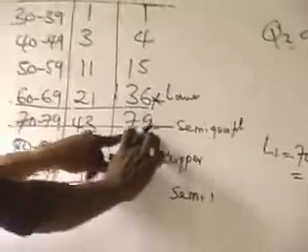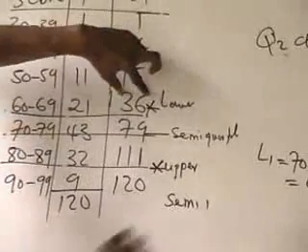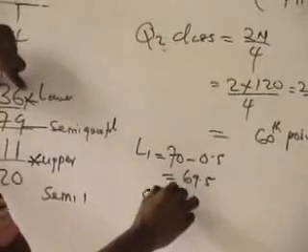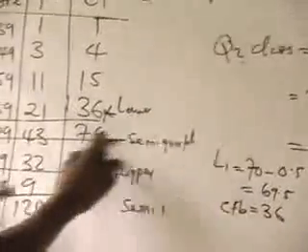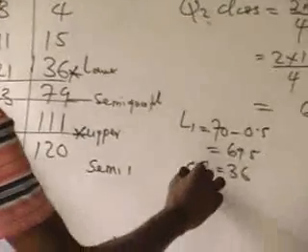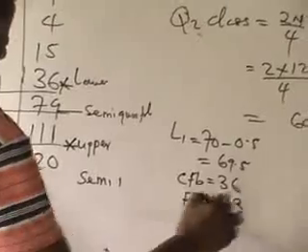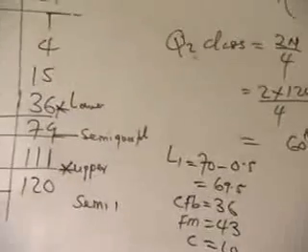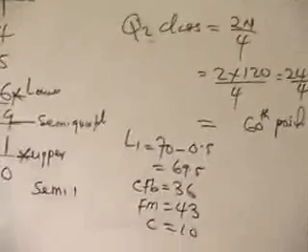Then what is my CFB? If this is my semi-quartile class, the cumulative frequency before it is 36. Then my FM, the frequency of that semi-quartile class, is 43. Then our C is 10, the difference between the class limits.